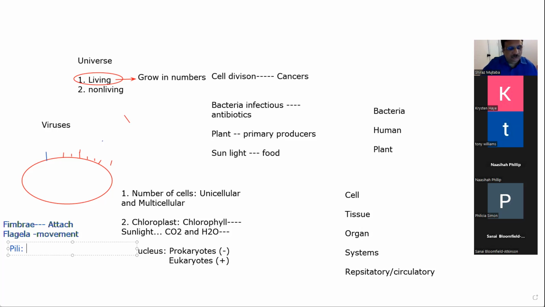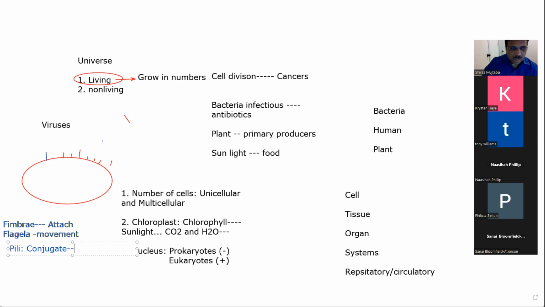There's no distinction of bacteria on the basis of sex, but it has been established that there is a small population of bacteria that contains pili, and they are referred to as male bacteria. And through pili, this bacteria can conjugate with a bacteria which could be a female bacteria.